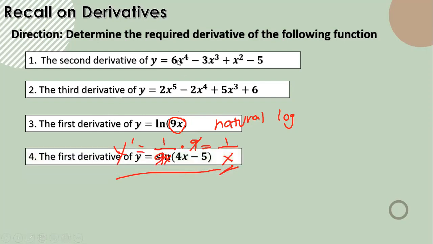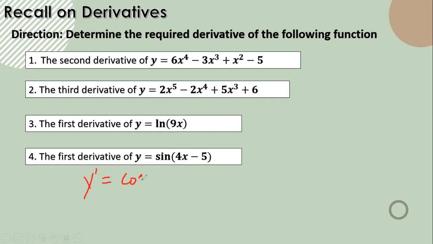Number 4, we have the first derivative of y is equal to sine of 4x minus 5. Recalling our derivatives, the derivative of sine is cosine. So y prime is equal to cosine, just copy the function that goes with sine.